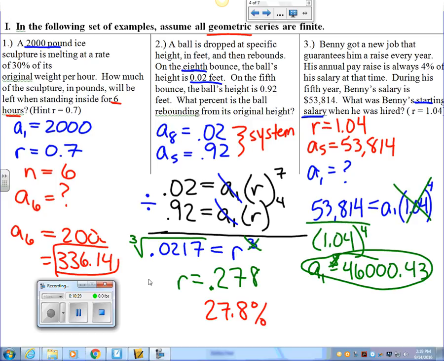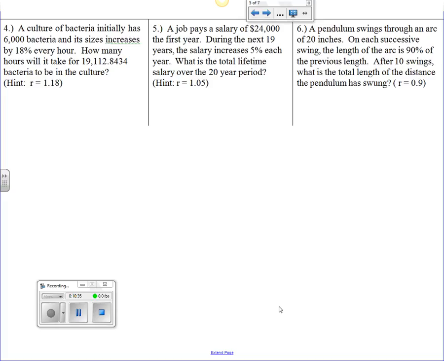Number 4. Jonathan, read it for us. How many hours will it take for 19,112.843 to be reached?